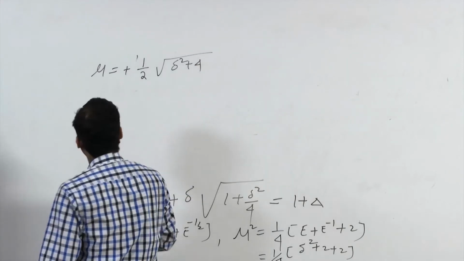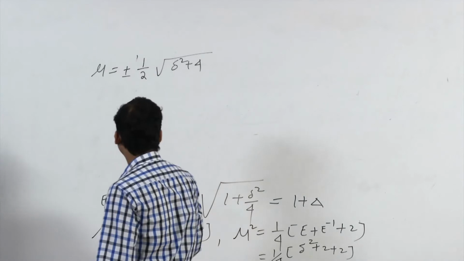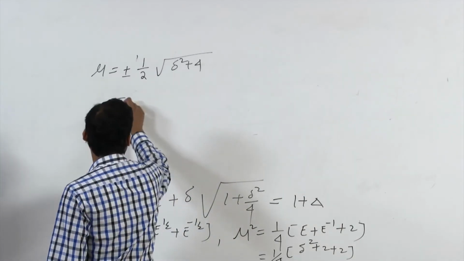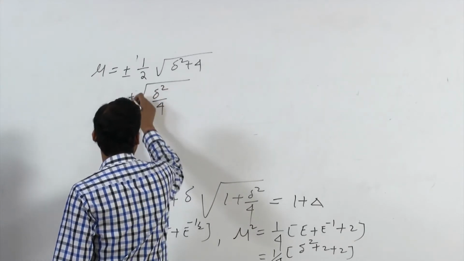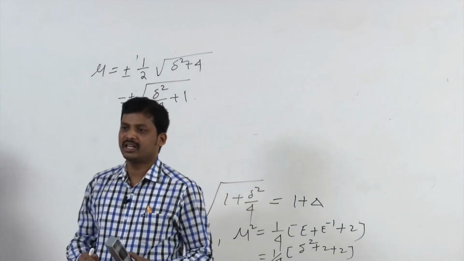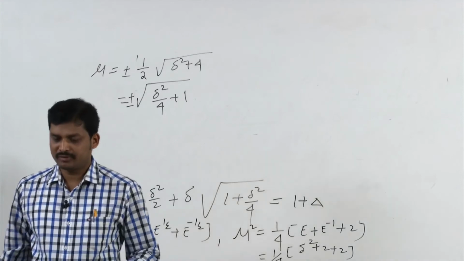Usually it is written by taking the factor inside the function, as delta square by 4 plus 1. So this is the expression for mu in the form of delta.